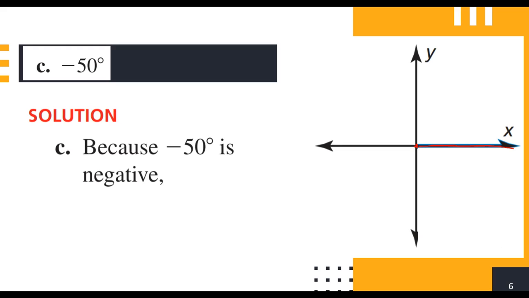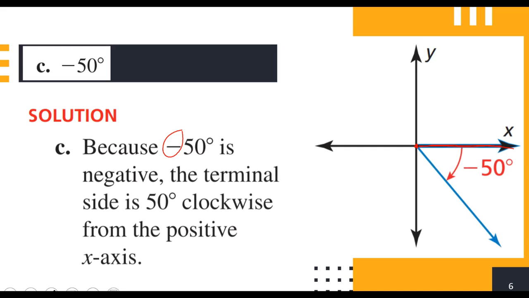Here, you can see that's a negative degree, meaning we will be rotating the terminal side clockwise. So the movement of your terminal side will be clockwise. It should be over here. So that is now your negative 50 degrees angle.